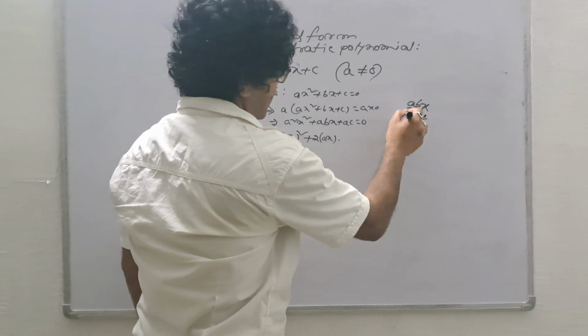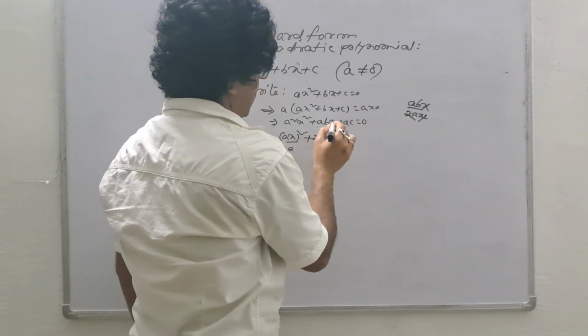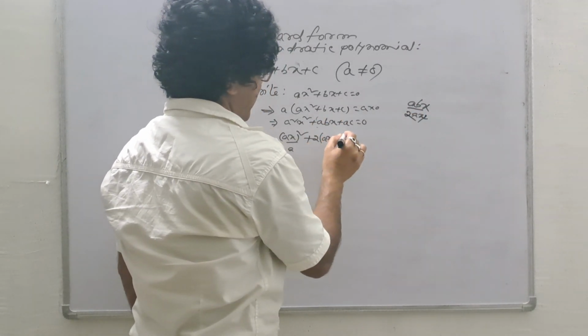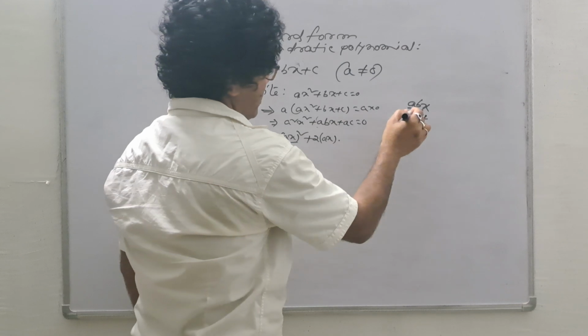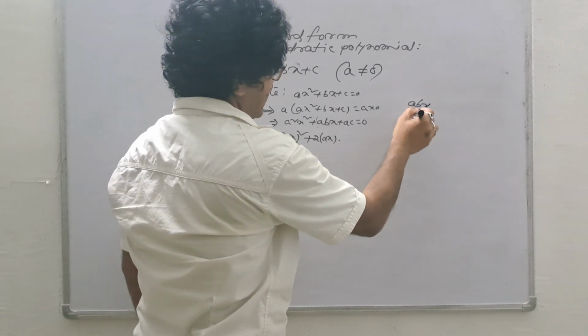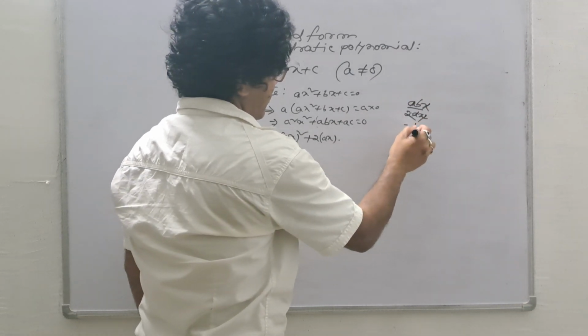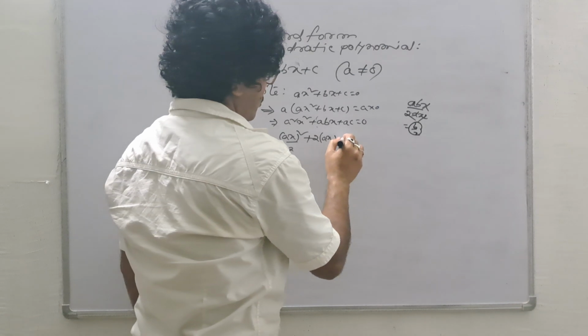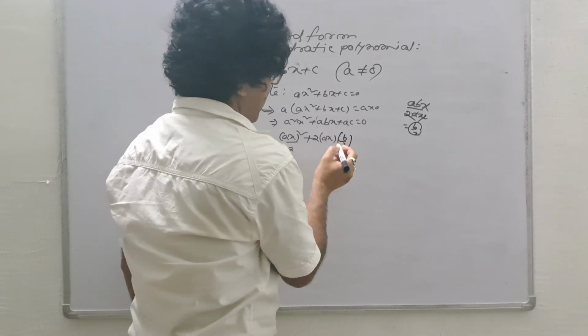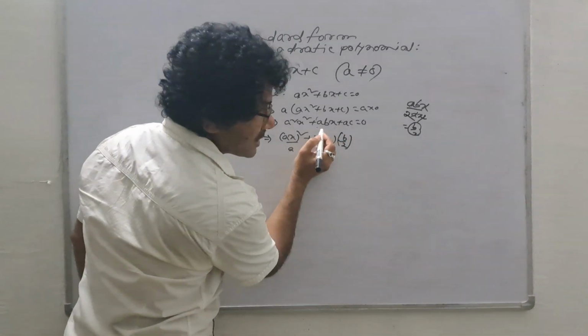So abx is divided by 2x, the x's cancel, the a cancels, and you get b by 2. So b should be b by 2. You see, the 2 cancelling, you are getting abx.